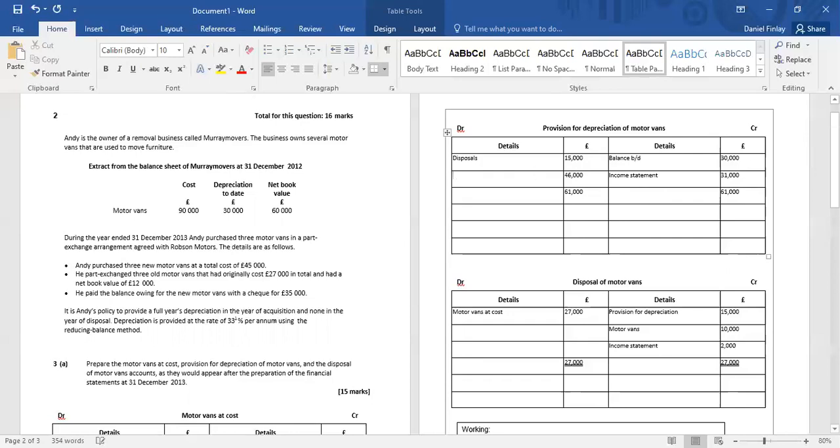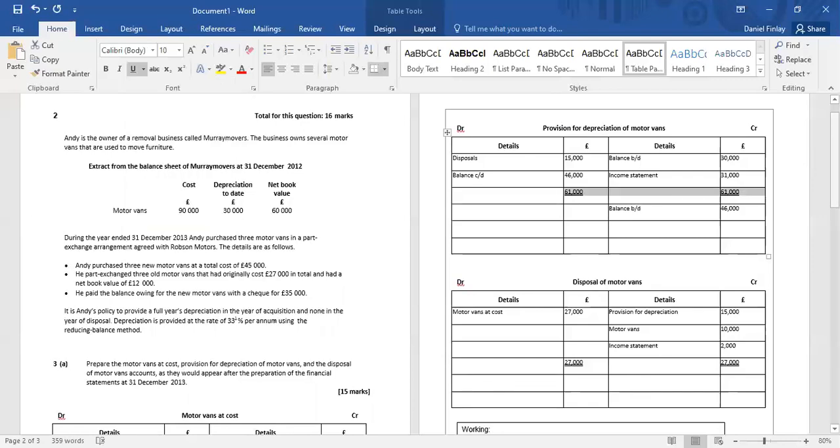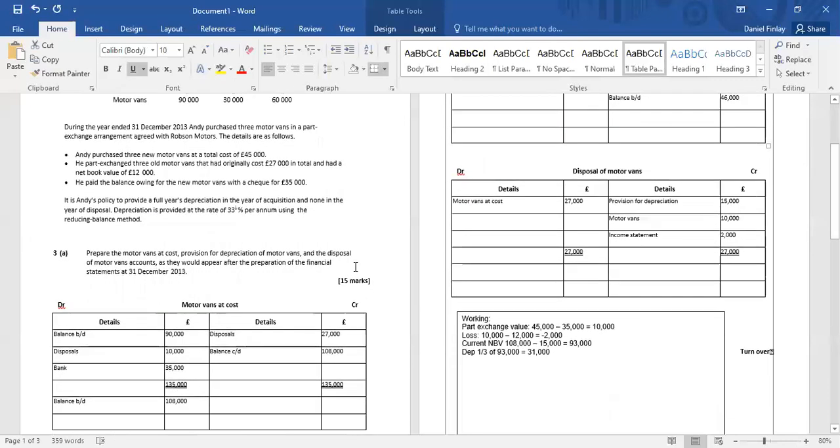And that's going to be my balance CD. So on this side, my balance CD is going to be 46,000. So I can pull that off. Okay, and that's just done.